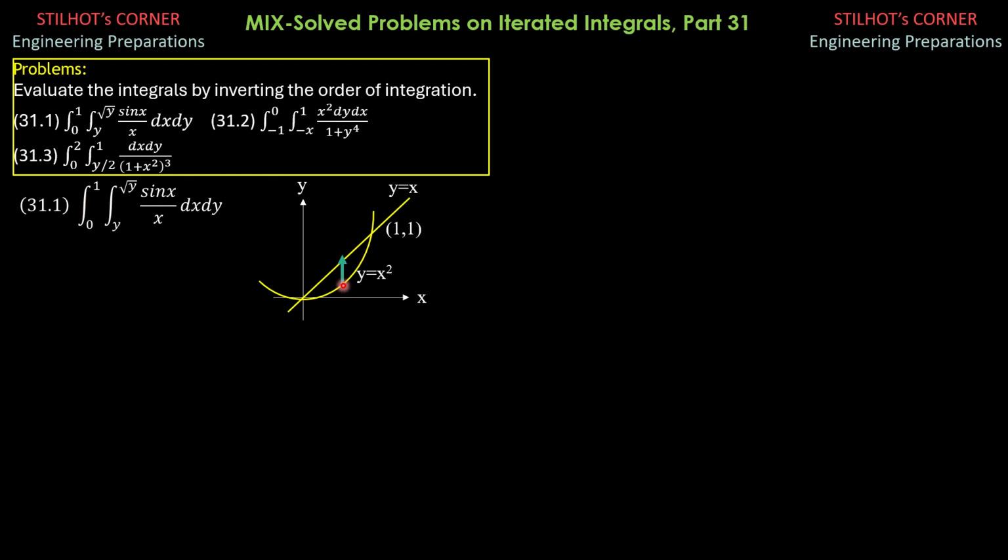The inner limit would be the y of this lower boundary to y of that upper boundary. So the lower boundary is y equals x squared, so the lower limit would be x squared. We change this to x squared. And the upper boundary, y equals x, so the upper limit would be x.